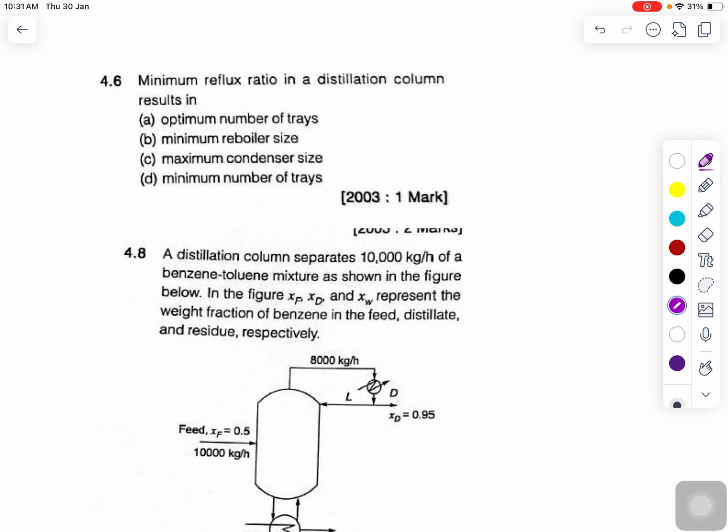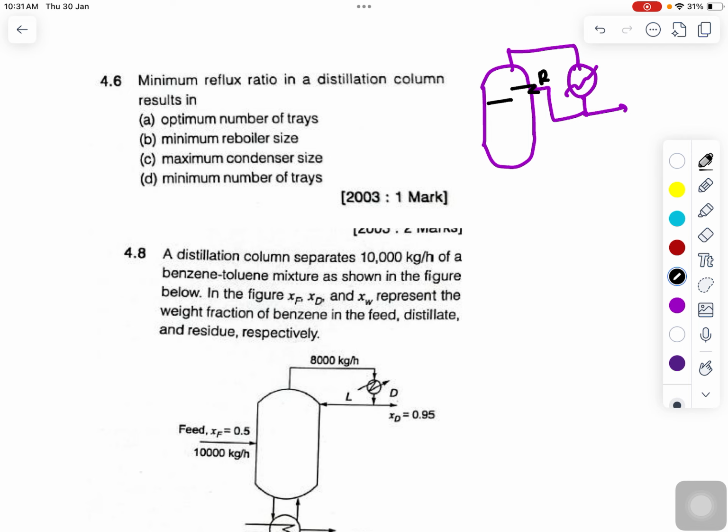When we talk about the minimum reflux ratio concept, just try to understand, if this one is a distillation column and here there is a condenser at the top and a reflux is taken back from the distillation column, so this reflux is coming back.